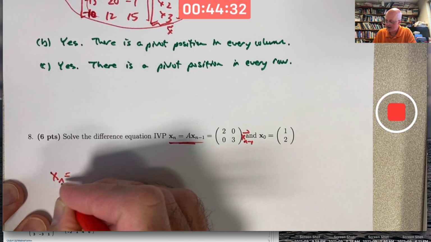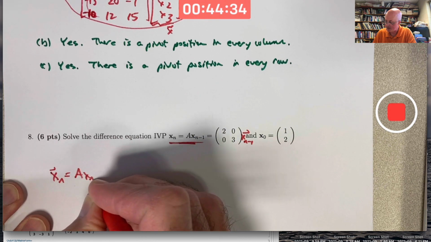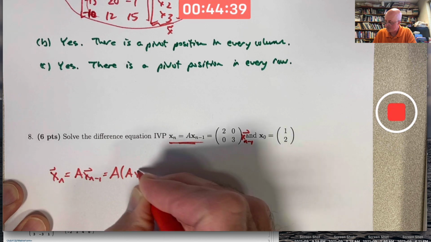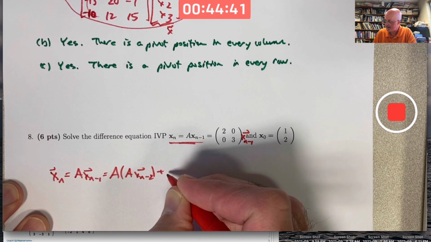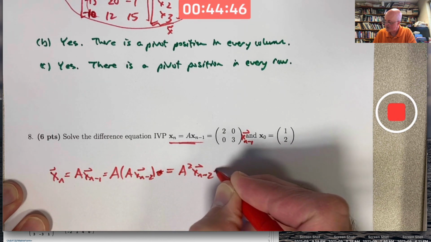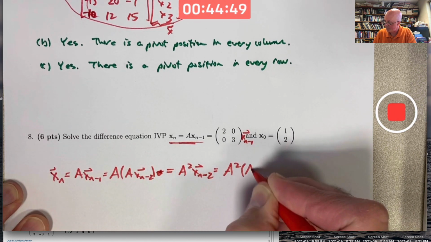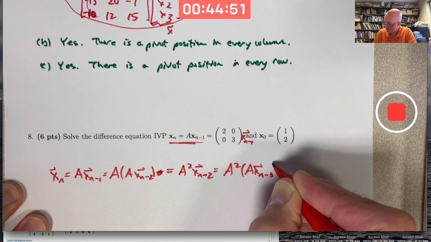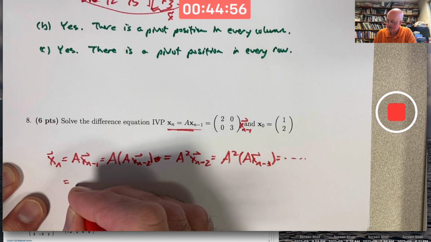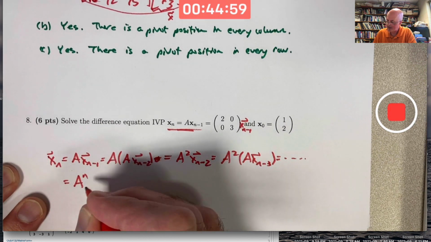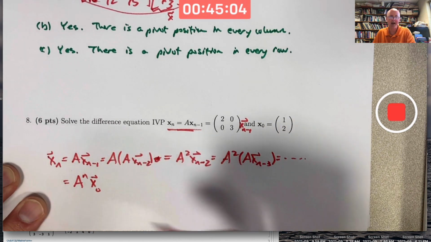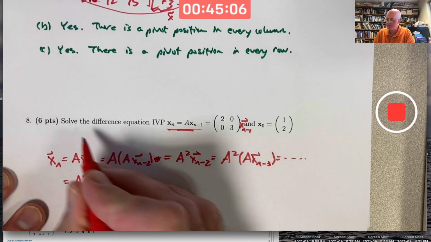Maybe I should do that. x_n is going to be A times x_{n-1}. But x_{n-1} is A times x_{n-2}, and that equals A squared times x_{n-2}. And x_{n-2} is A times x_{n-3}, etc. And the pattern says that in the end, you get A to the nth power times x_{n-n}, which is x_0. That's an abstract formula for the answer, but I want to solve it.